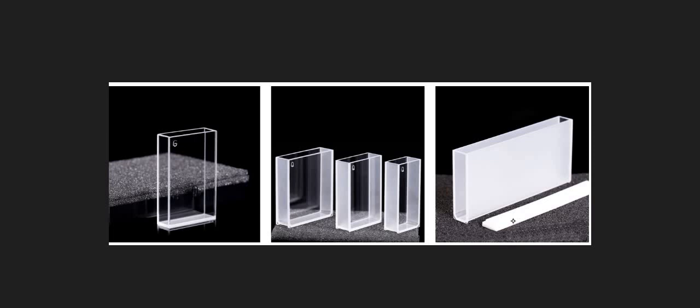There are some macro cuvettes which can have a volume more than normal standard cuvettes, and as we have already discussed, these macro cuvettes can have up to 35 ml of volume, and they are available in both formats, 2 sides transparent and all 4 sides transparent categories.